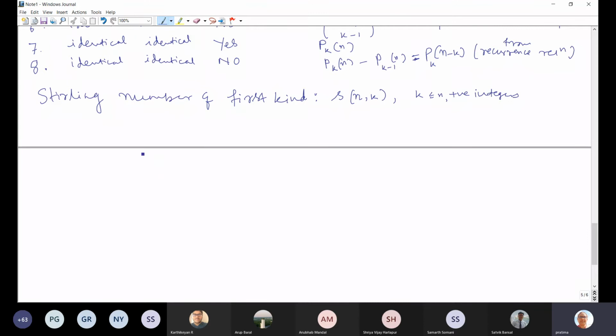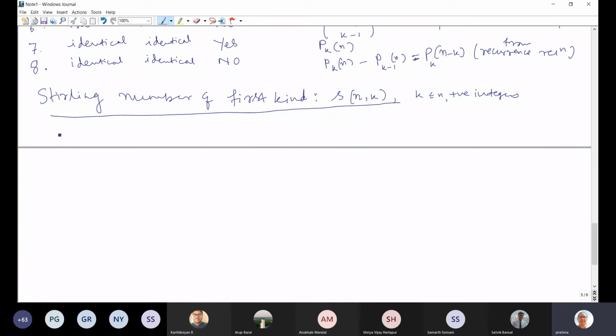Before I go to this, it is related with permutation of a set, so let me tell you a little bit about cycles in a permutation. I'll explain this through an example.